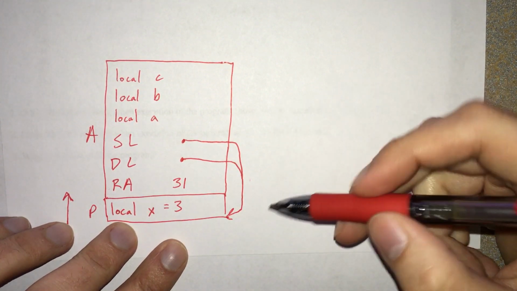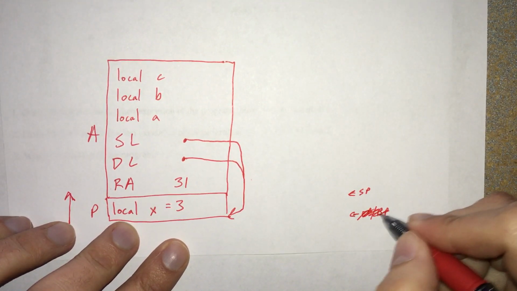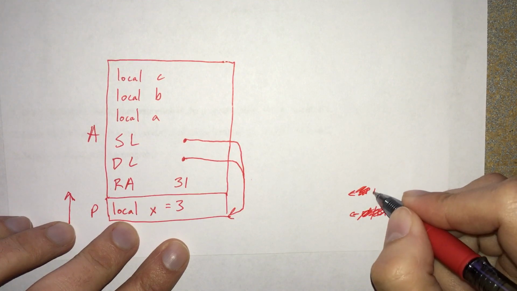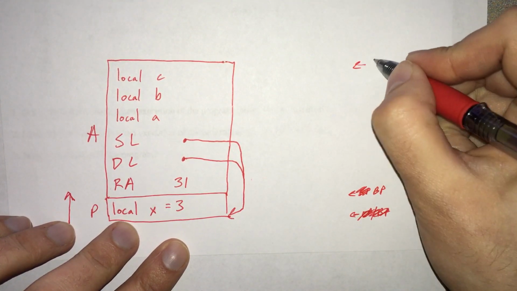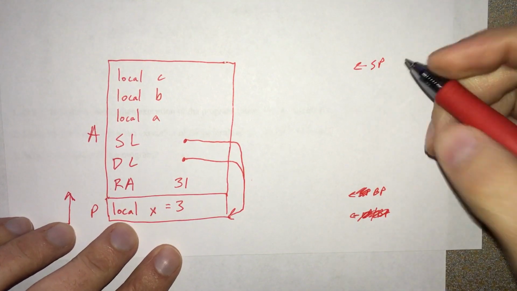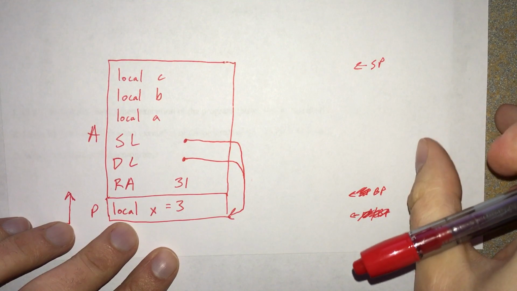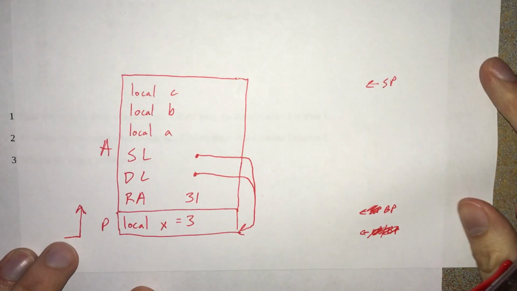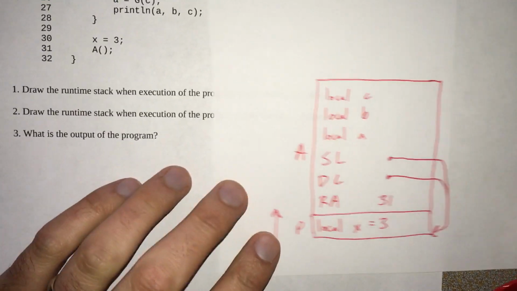So when we called into A, we had to adjust all of our pointers. Now the base pointer is pointing here, and the stack pointer is pointing up there. We'll keep this up to date over here, but I'll probably forget to do that once or twice. It's not crucial to answering any of the questions.